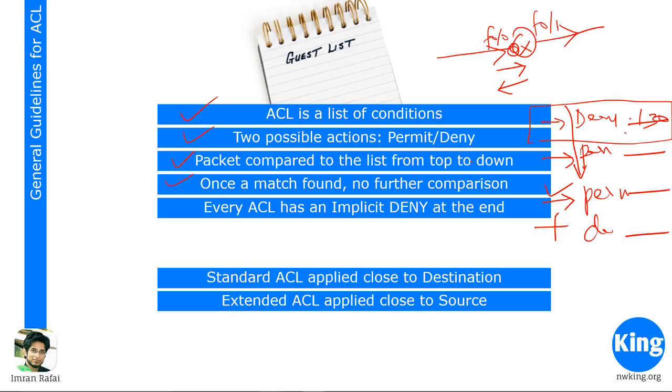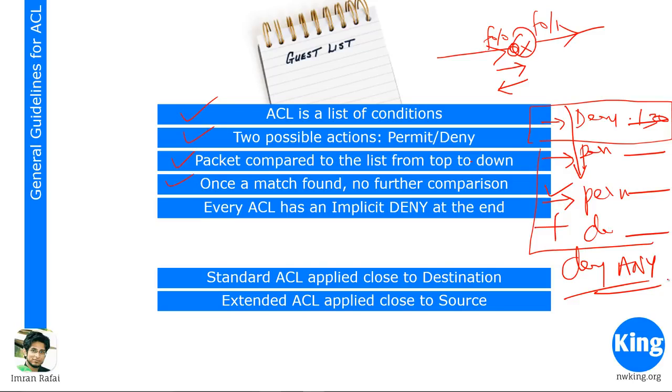You're just putting this one deny command and thinking, okay, I'm just denying 1.30, but everything else will be allowed. No, you're wrong, because at the bottom of every ACL there is a deny any command. You may not see it in your running config, or if you look at your access list you will not see it. But just know that by default, every ACL has an implicit deny at the end.